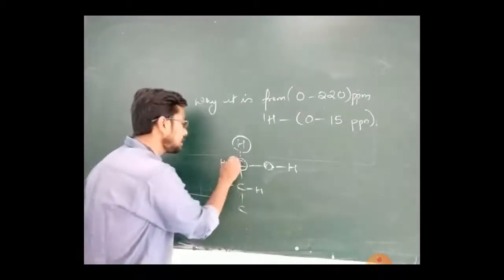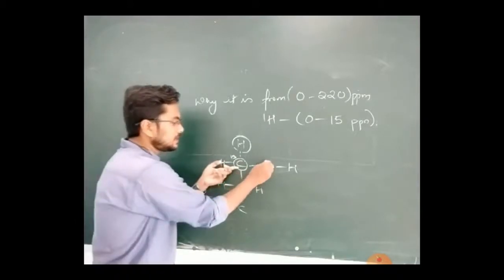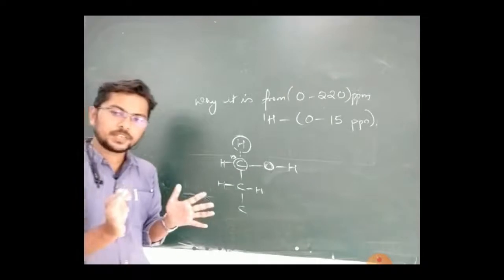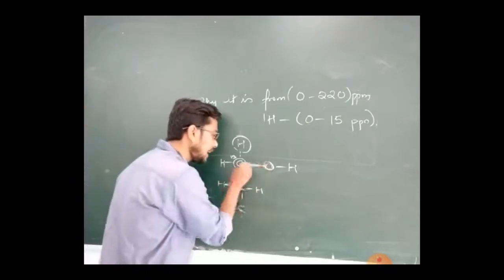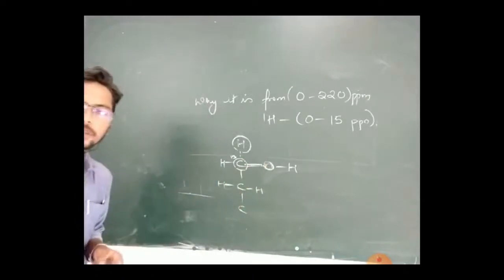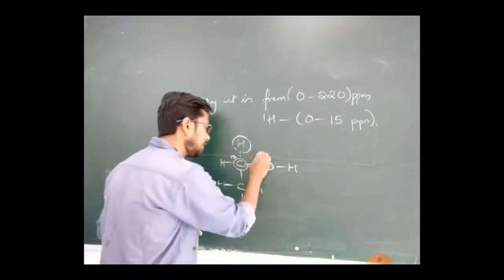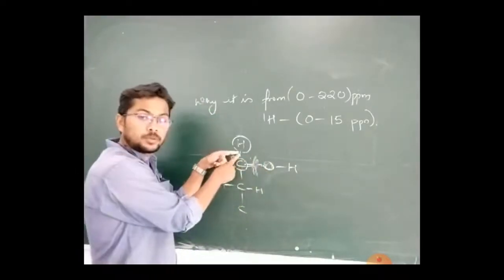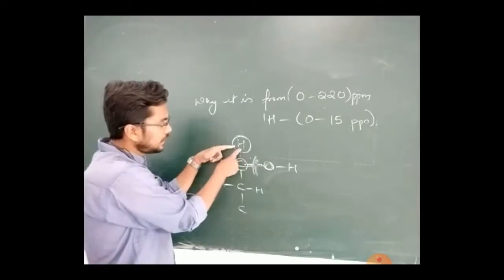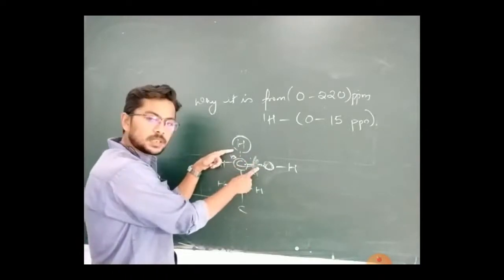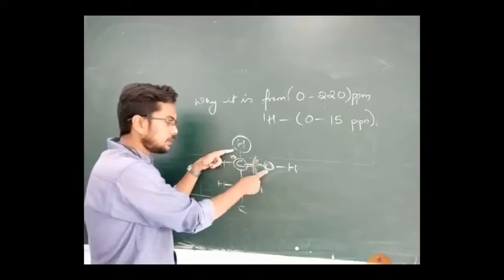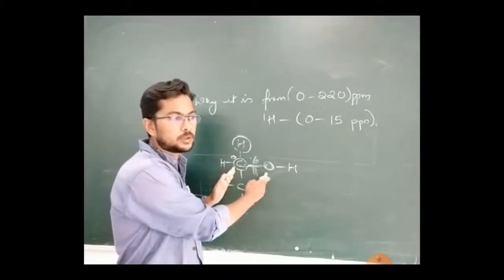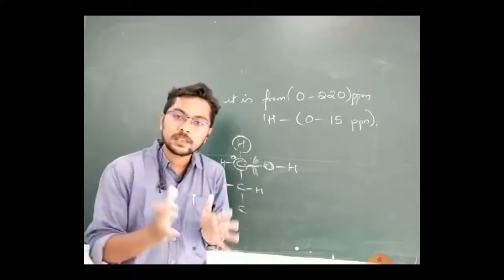But if this is the carbon nucleus we are talking about, this oxygen is directly attached to this carbon atom, and so the electronegativity effect is much more here compared to the hydrogen. The hydrogen nucleus is 2 bonds away from the oxygen atom, but this carbon has the electronegative atom directly bringing in the chemical shift.